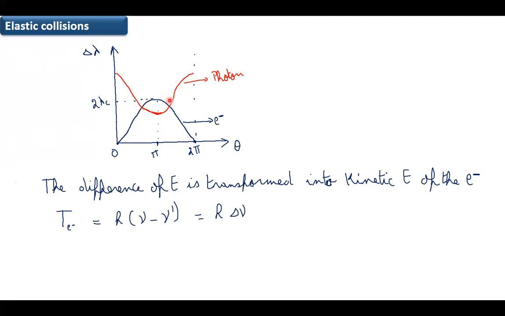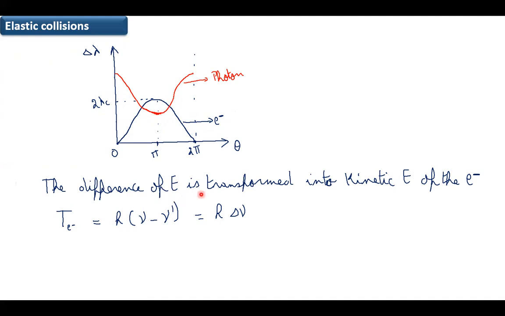We are mirroring the same variation. So the red one is a mirror of the blue one or the black one, because they have opposite behaviors. When the electron gains energy, the photon loses energy.